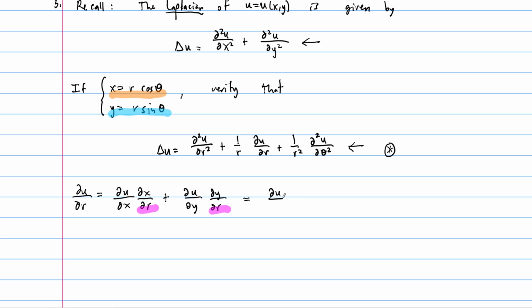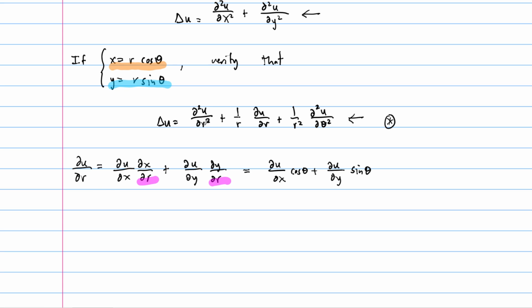So this will be du by dx times cosine of theta plus du by dy times sine of theta. Just take the two derivatives with respect to r, right? And so this is what we get for our function du by dr.